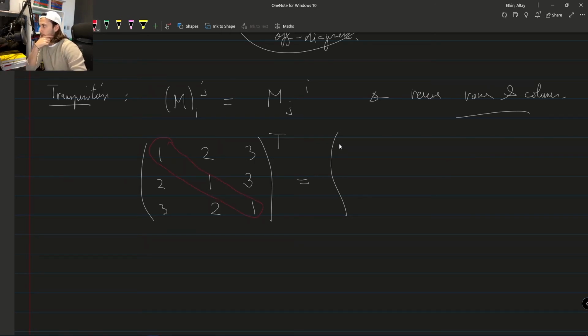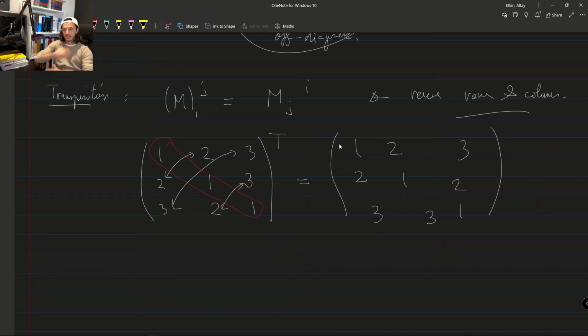So you have 1, 1, 1, but you reverse each of these. So these two would change, these two would change, and these two would change. So you will get 2, 2, you get 3, 3, but here you will get 3, 2. And so this is the transposed matrix.